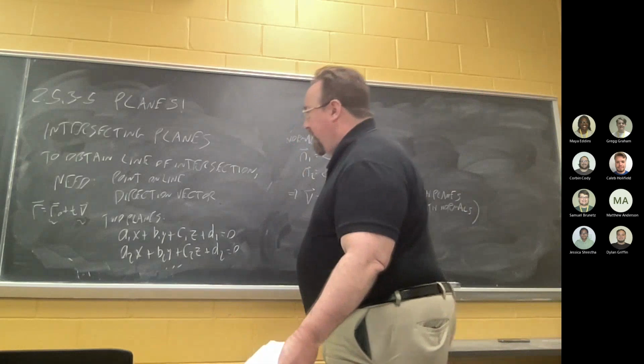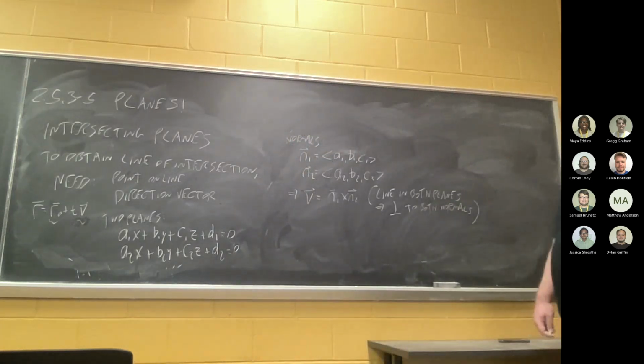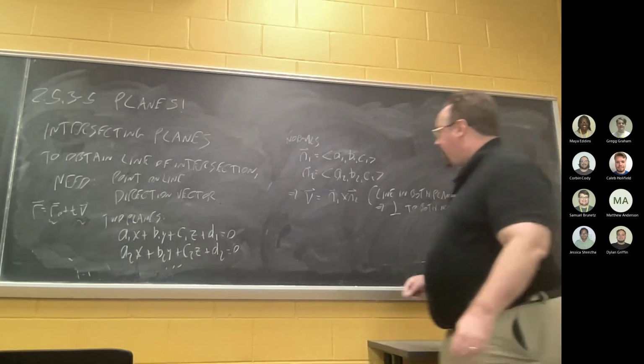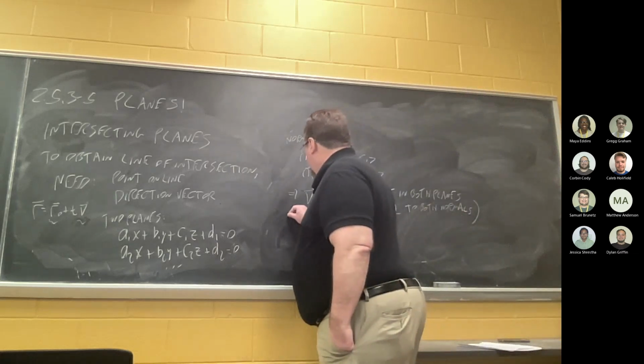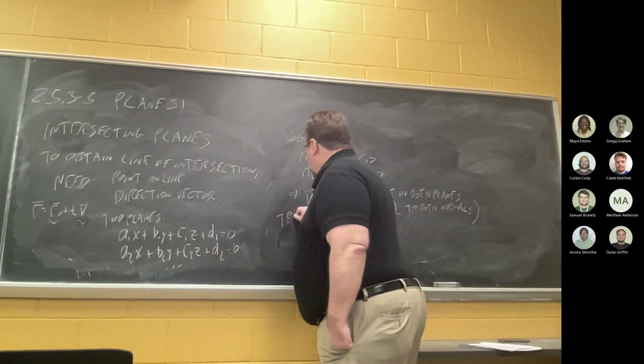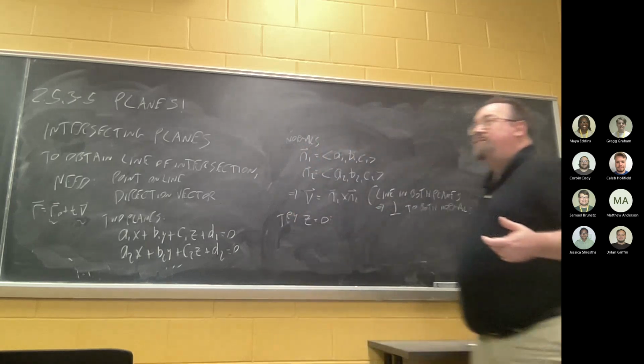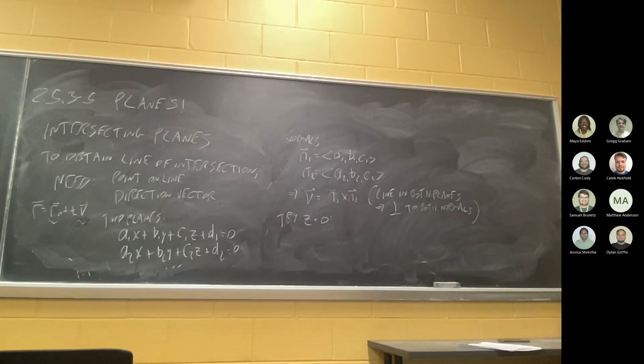How you go about this is a rather haphazard procedure, similar to the haphazard procedure for finding out whether two lines intersect or are skew. What you can do is try setting z equals 0, in other words, assuming there's some point on this line that has a z coordinate of 0.